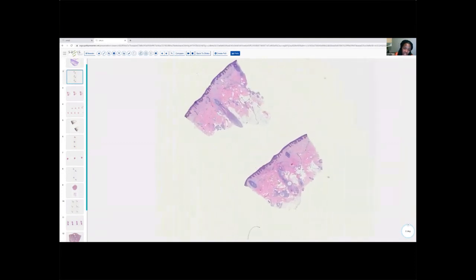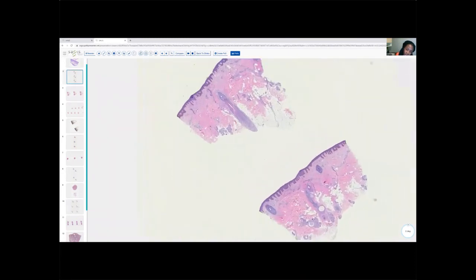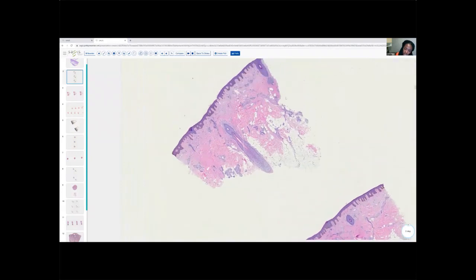Okay, and as we're taking a closer look here, we have a nice good terminal hair here. It's situated in the fat, right? The bulb is situated in the fat. But we see that other hairs that are present are not. So fewer hairs, we got some loss of hairs.